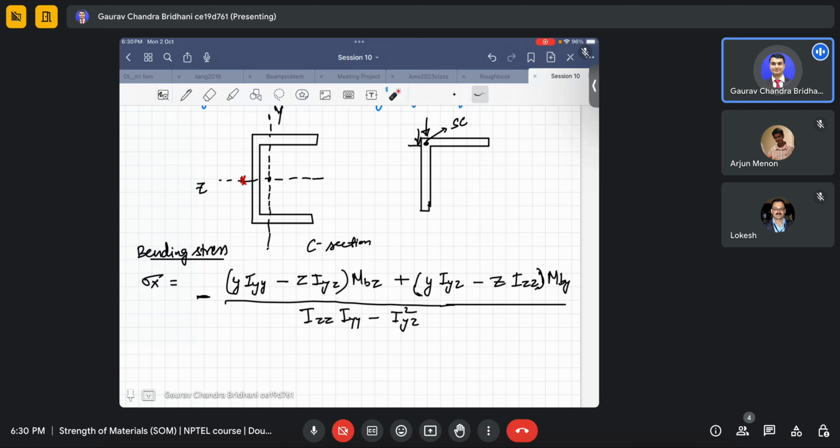Another thing is the term IYZ. As you know, IYZ is 0 for symmetrical sections, so it exists only for unsymmetrical sections, such as the angle section. That means this IYZ is incorporating the unsymmetry in the cross section.